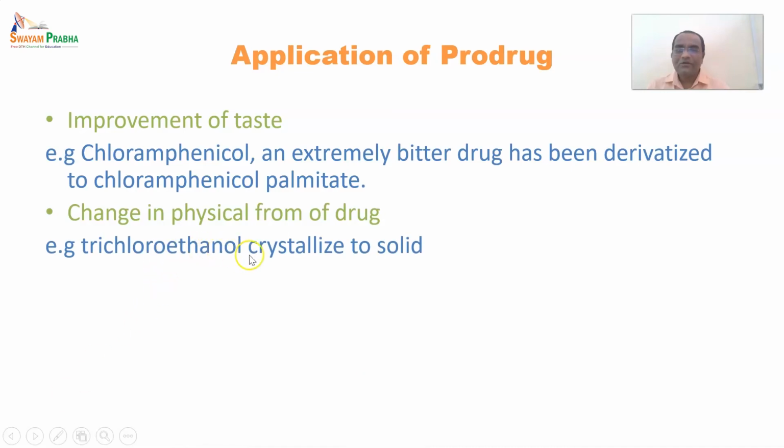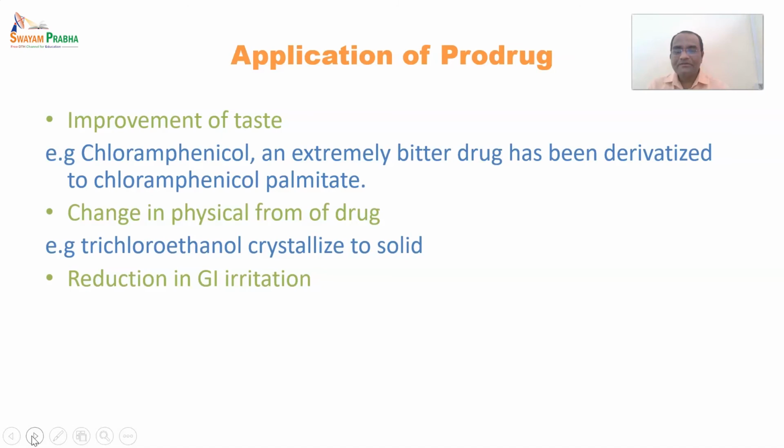Like trichloroethanol crystallized to a solid. It is actually a liquid, so it can be converted to a crystalline form, since in liquid form it is not stable.